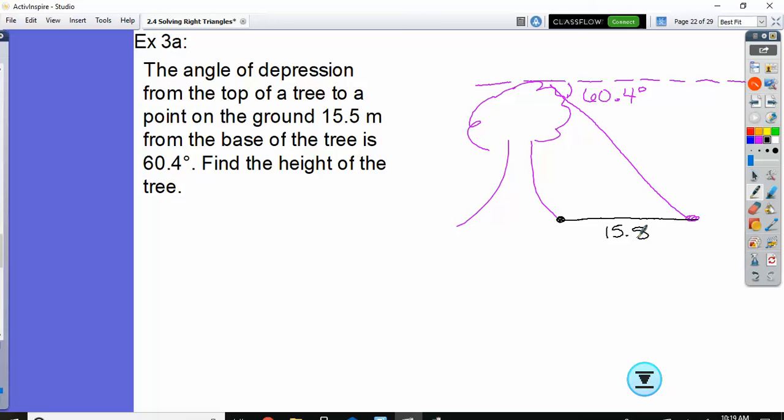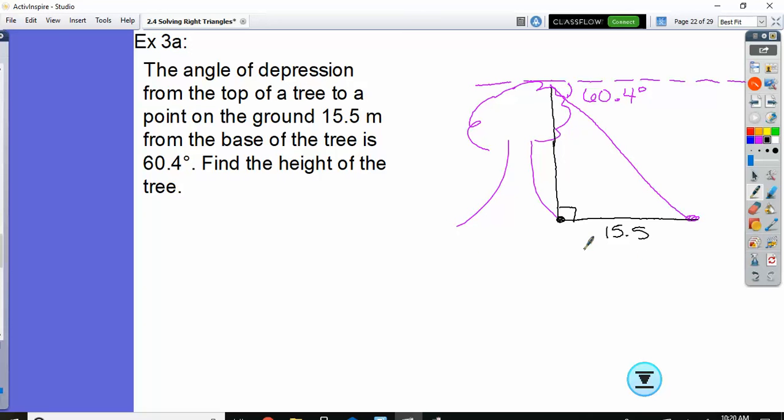If I look at that then, do I have a triangle in this picture? Yeah, we could draw one. I just drop this down. This is a right angle. Did I give you an angle inside this triangle?